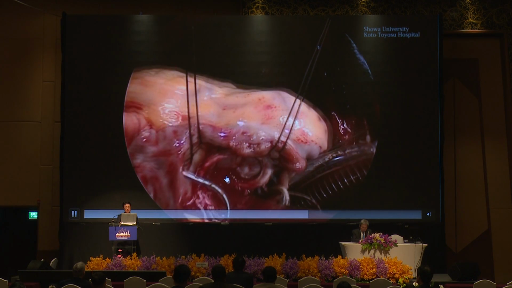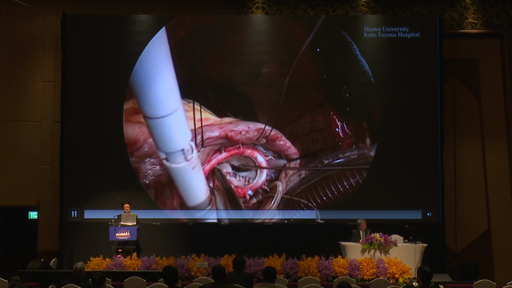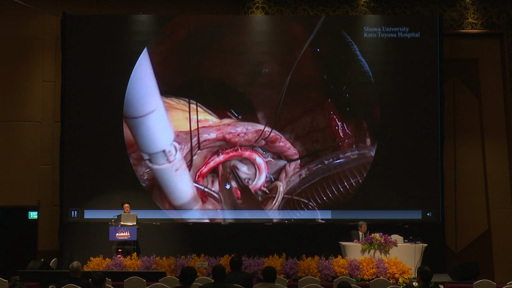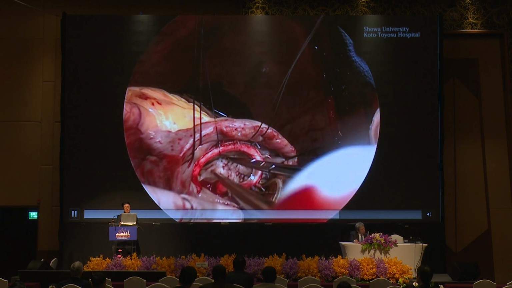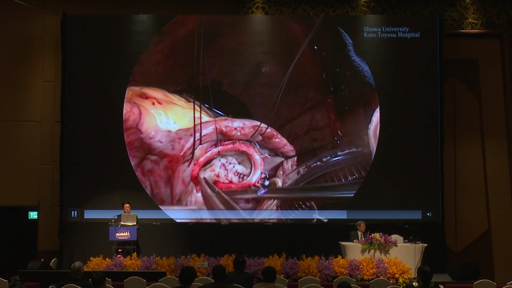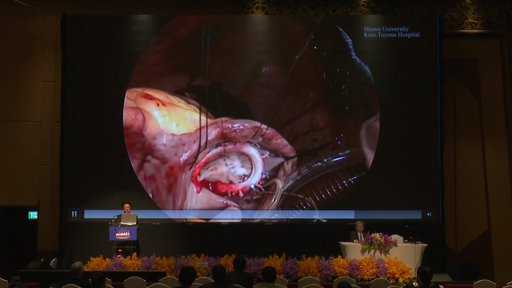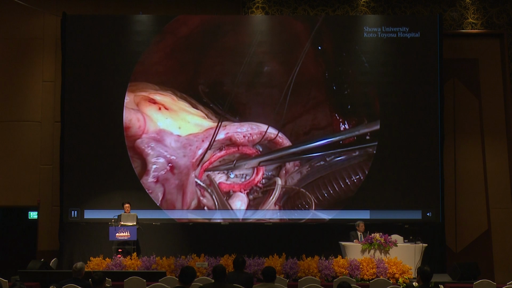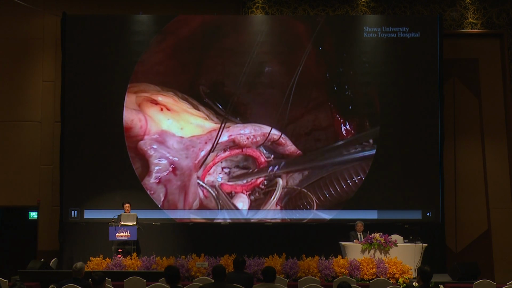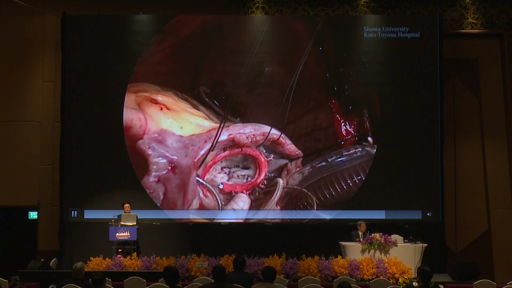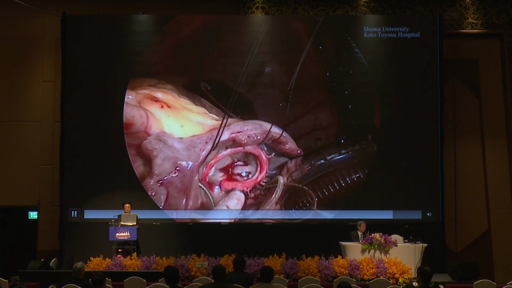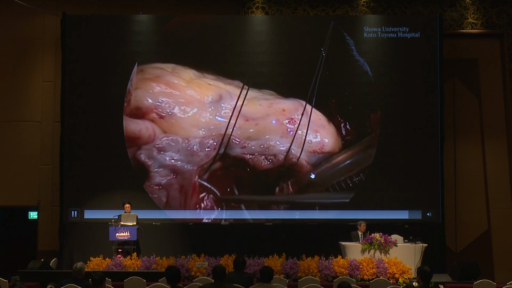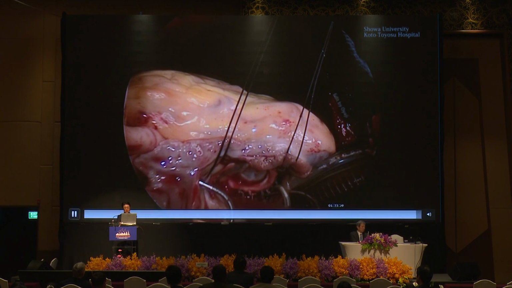In this patient, the tricuspid annulus was not enlarged so much, so a 28 millimeter ring was chosen, and the water test revealed remnant tricuspid regurgitation. So an additional leaflet procedure was performed, and I find that closing the anterior septal commissure is quite a good way to control the prolapsing leaflet. And we had a good result.